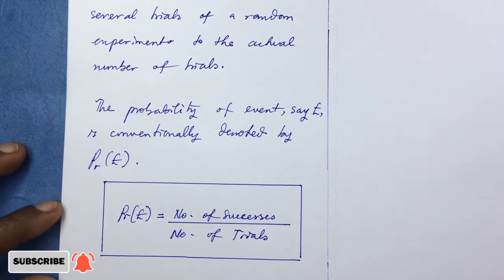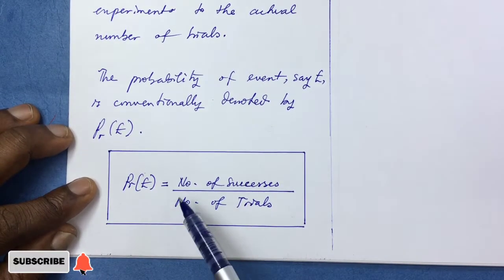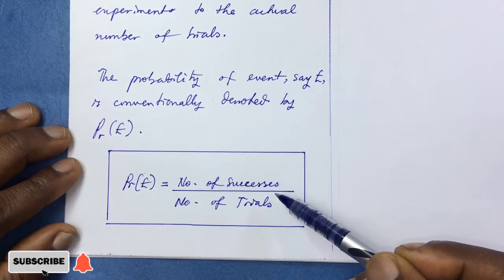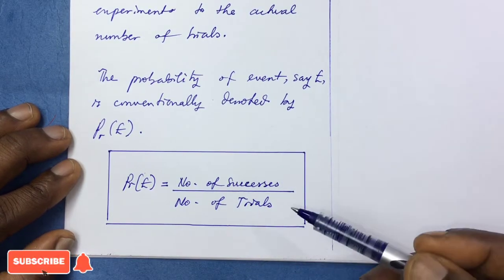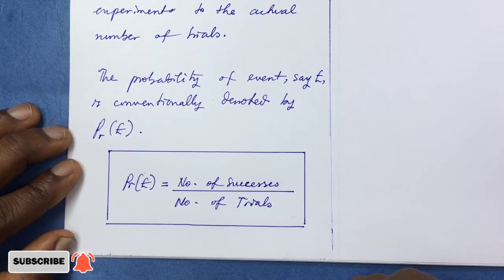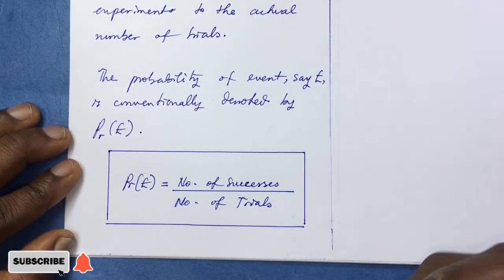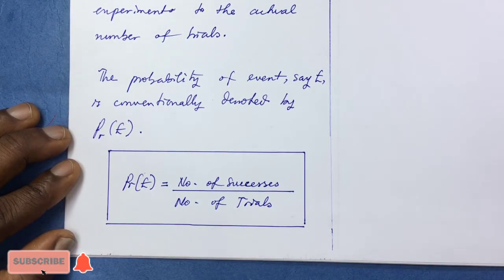Now, I want you to take note of one thing. In the empirical definition, you would notice that we are looking at two types of frequencies: the frequency of successes and the frequency of trials. So, in some way, you can call this empirical definition what is called relative frequency.